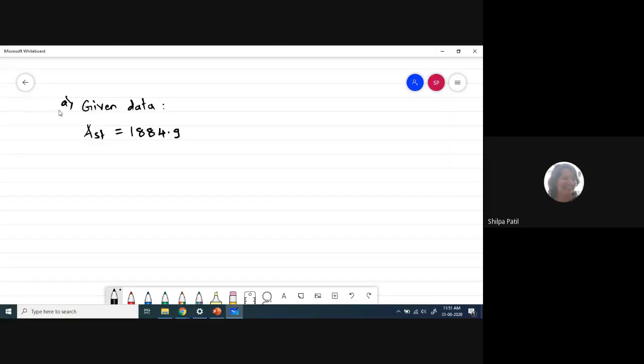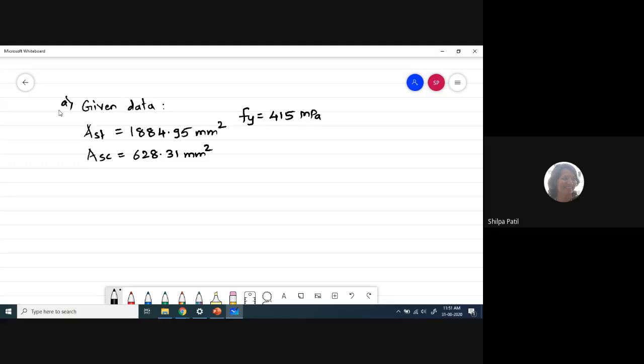90. AC is 628.31. AST, AC. FY value is different now. Here it is 415 Newton per mm square or megapascal.